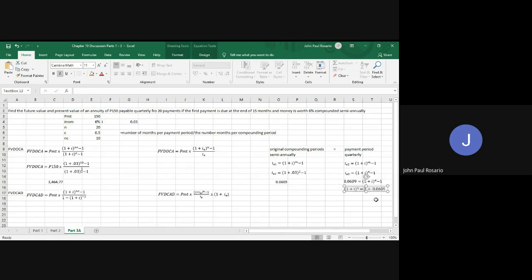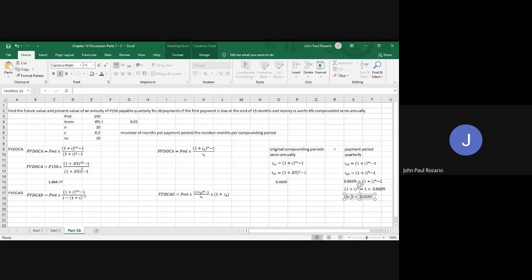Okay. So if you would ask me, sir, what happened? As you can see, we have transferred our -1 to the other side. That's why we have this expression. And then now we will solve for I. So I will be left behind here on the left side of our equal sign.